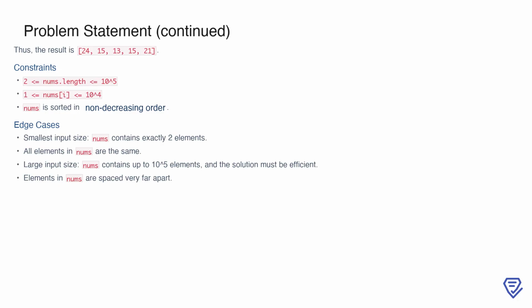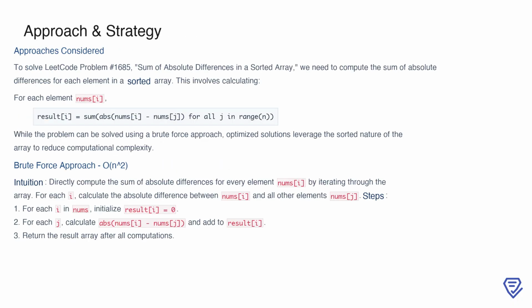To solve the problem of calculating the sum of absolute differences for each element in a sorted array, we start by understanding the formula. For each element nums[i], the result is the sum of the absolute differences between nums[i] and every other element in the array. While a brute force approach is straightforward, it involves iterating through the array for every element, making it computationally expensive.